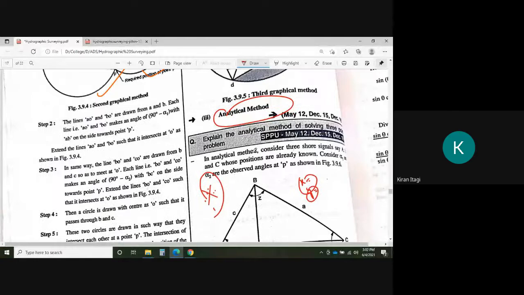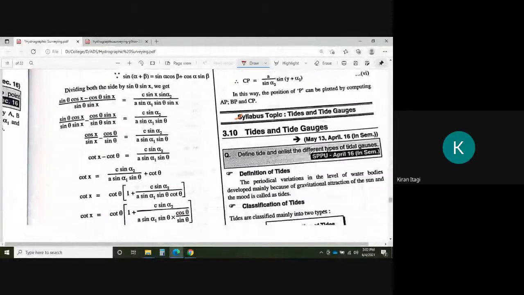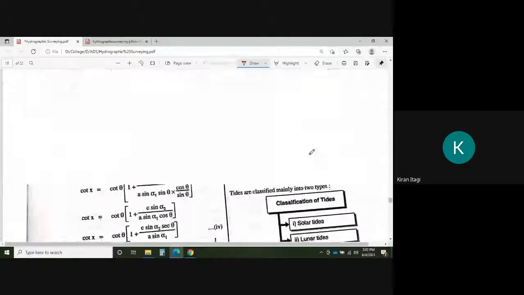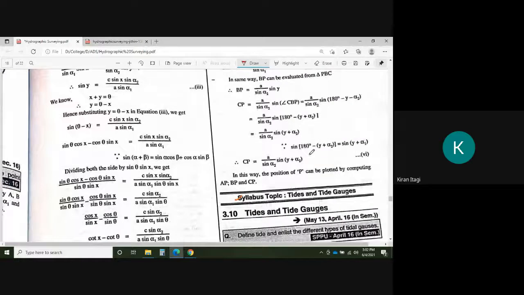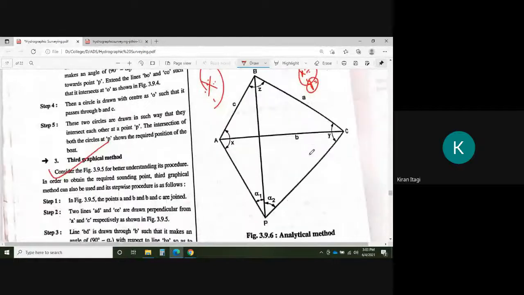In the analytical method, again we will consider the 3-point problem only. The procedure is a little bit bigger, and it needs at least 15 to 30 minutes to solve this numerical, according to your speed. So we will skip this one. The analytical method is not that easy to solve.